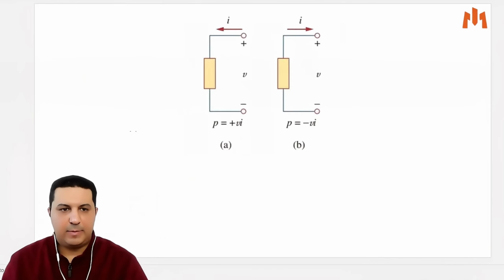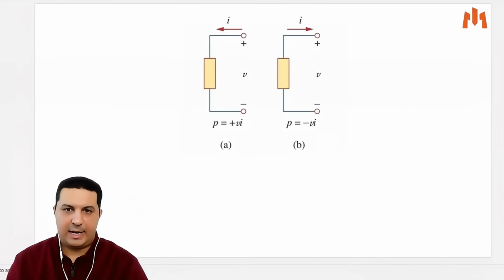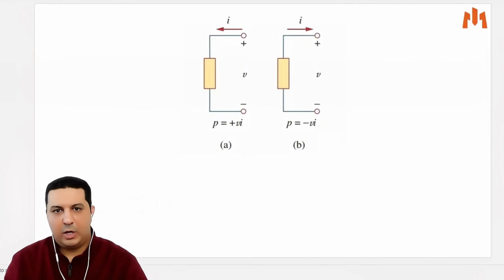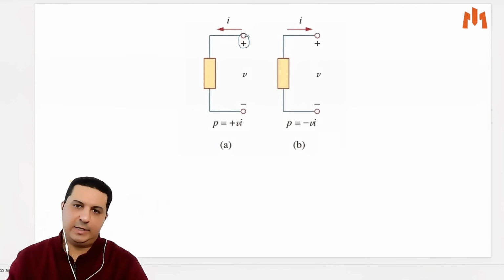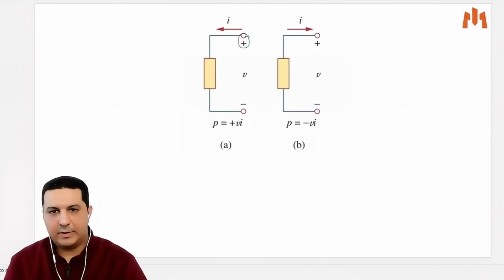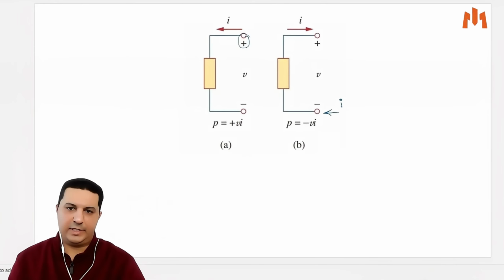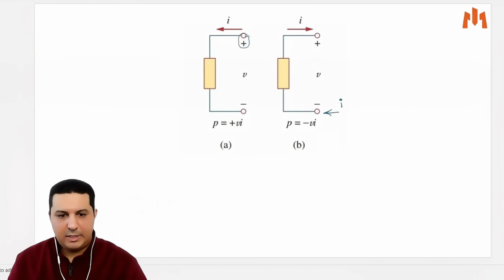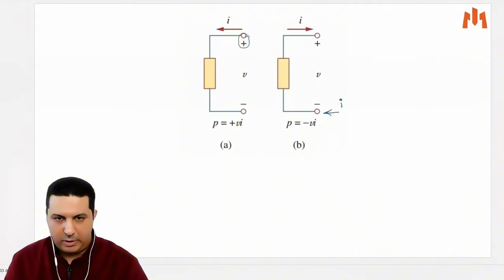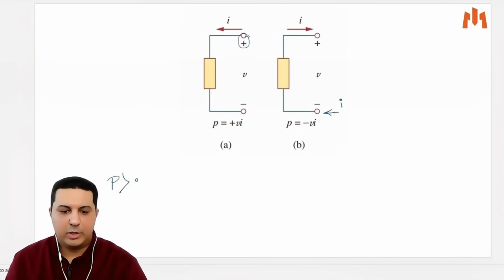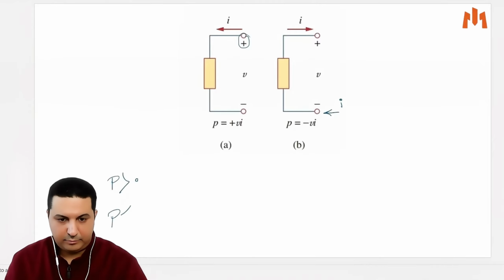But look at this part, please. Here again, we have two different shapes. As you see, the current here goes through the positive terminal of the element. But here, as you see, the current goes to the negative terminal of the element. It shows we have two different powers. Power can be positive and power can be negative.